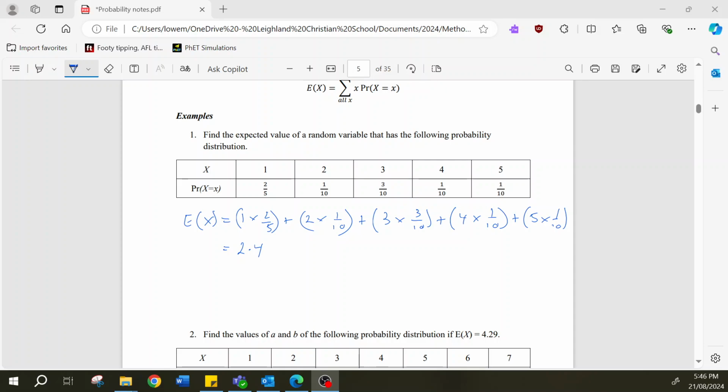So all of those added together gives us 2.4. So what that's saying is on average we would expect this value of x to be 2.4.